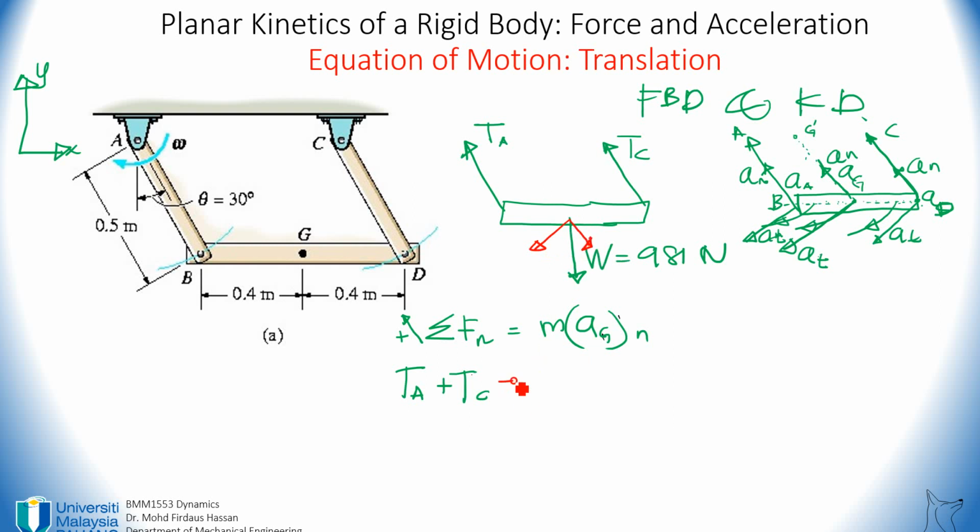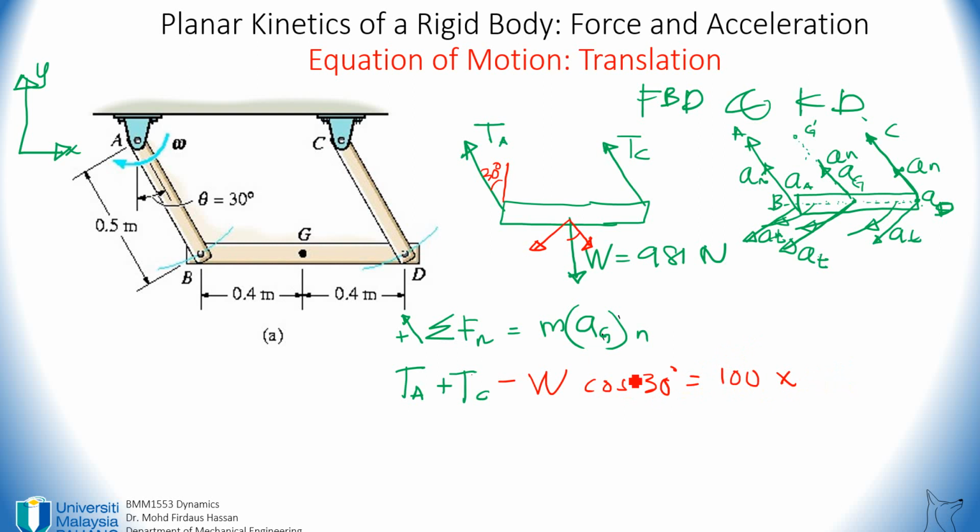So negative W, and the angle here is 30, so the angle here is also 30. So W cos 30, and it is equal to mass 100 kilograms times AGN. What is the value of AGN?